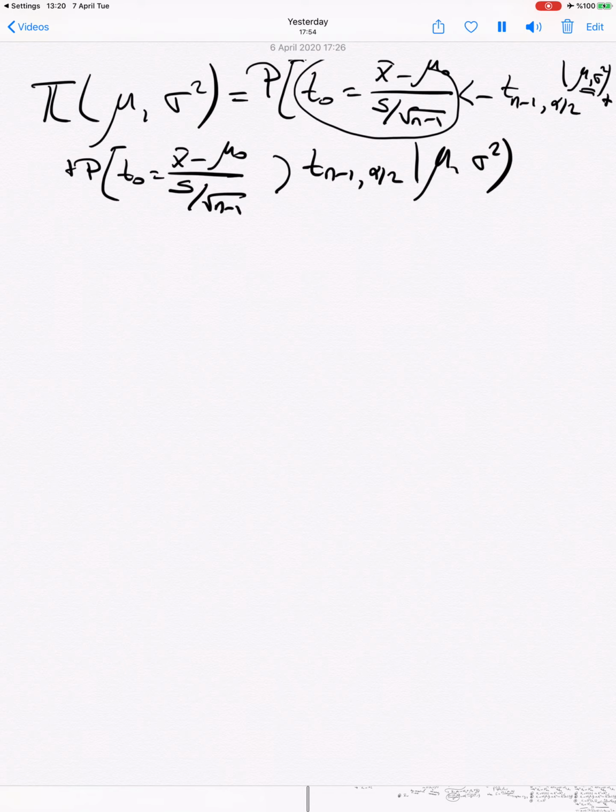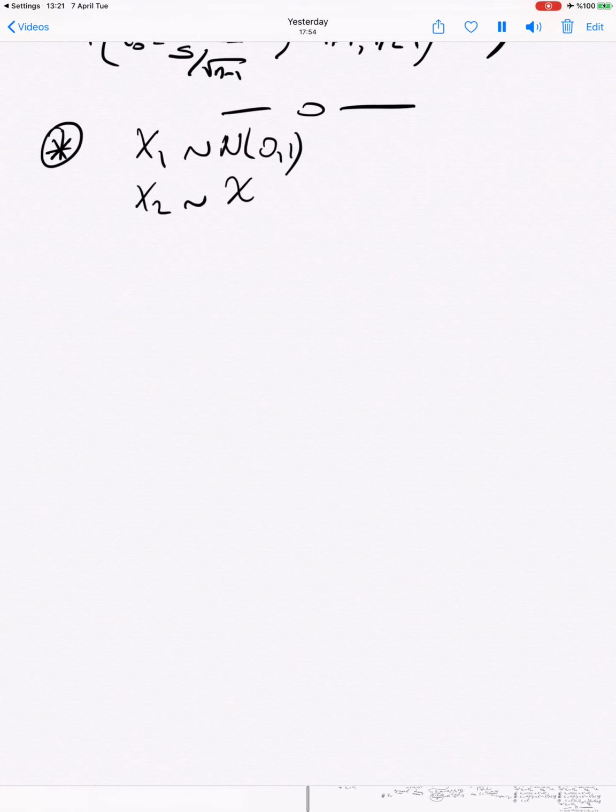So let's see how to derive the distribution of x bar minus mu 0, where actually our mean is different than mu 0. For that I will introduce you to a new distribution, which is known as the non-central t distribution. We will also see non-central chi-square and non-central F distributions.